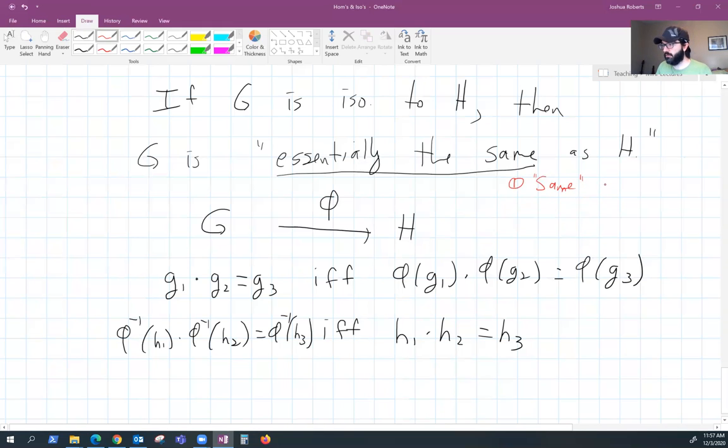It means they're isomorphic. It means they're the same as sets, which means they have the same cardinality. And the group structure is the same. And the intuition behind what that means is this. That's what I mean by saying the group structures are the same. So they're two sets with the same cardinality, and the group structures look alike on both sets. And that's what an isomorphism is.